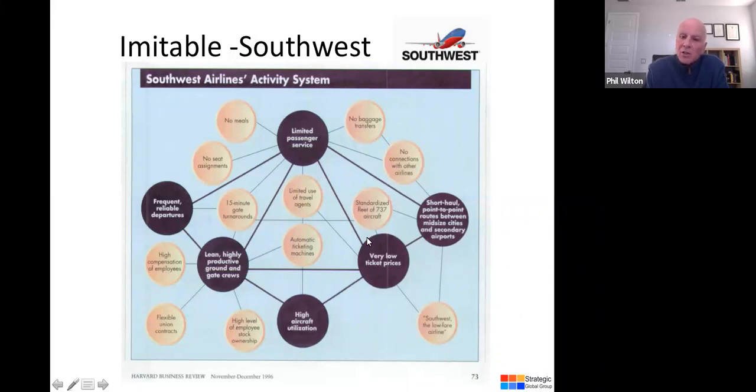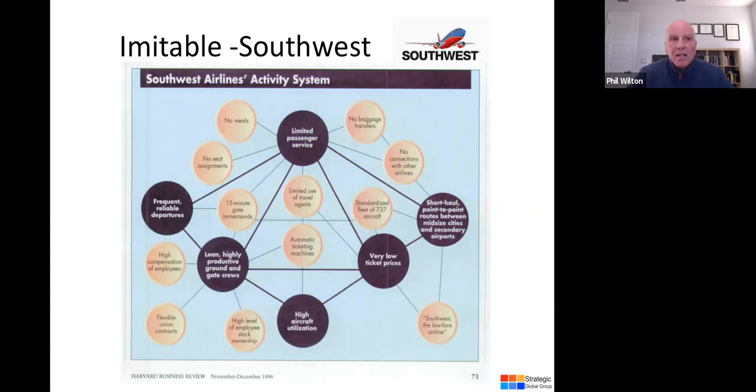So I'm only going to cover 2 here. They decided to go short-haul point-to-point routes between mid-sized cities and secondary airports. So I found out when they started off that they started off at Dallas Love Field Airport and not Fort Worth. And Love Field Airport is not far away from what I understand from Fort Worth.